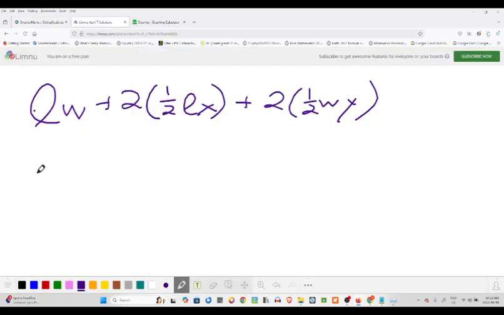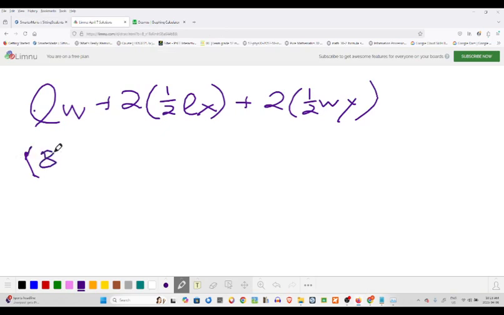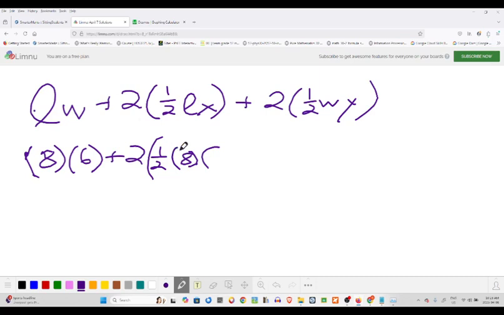So filling that in, our L is 8, and our W is 6. Our X is 9.49.